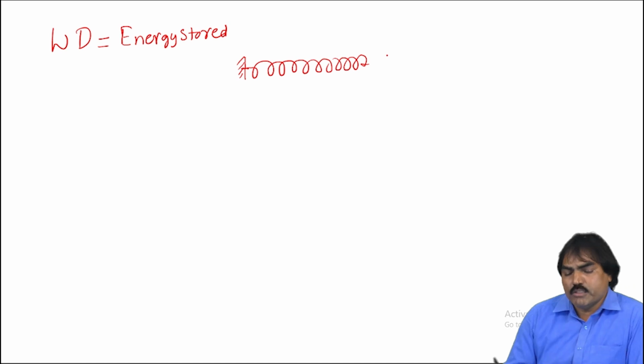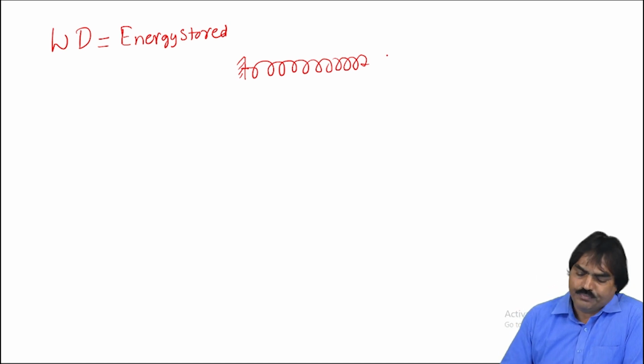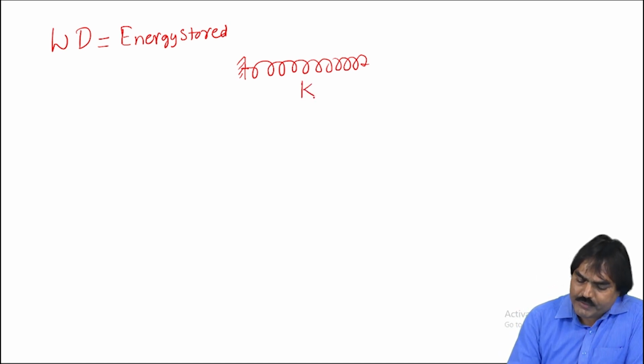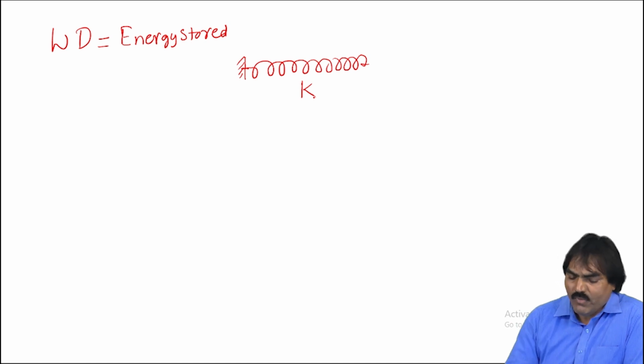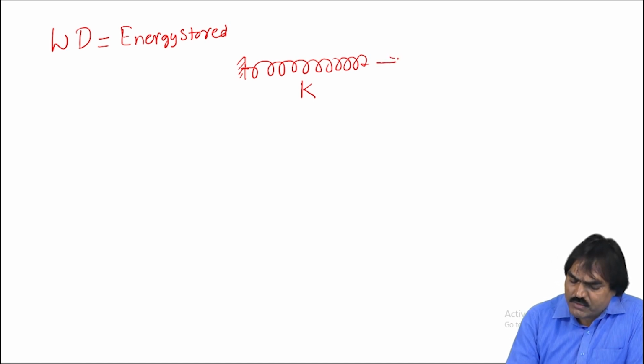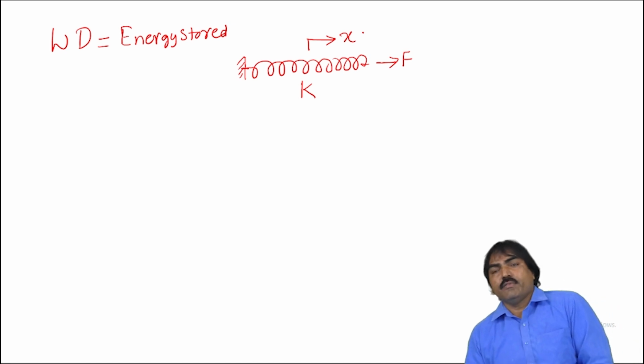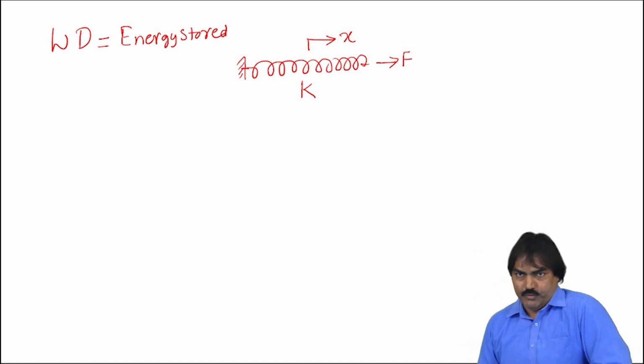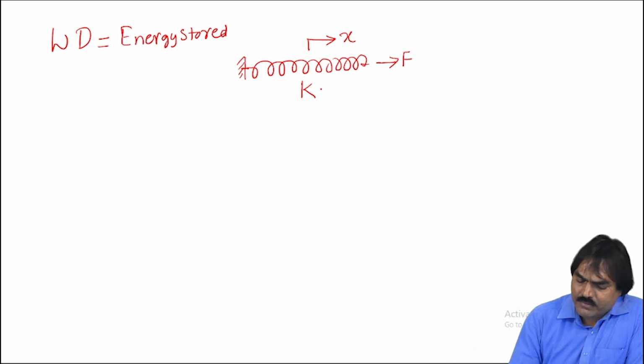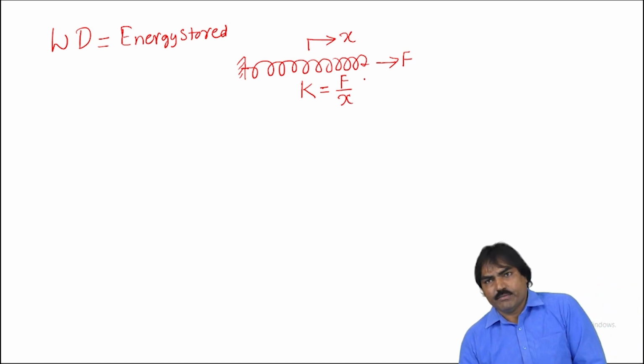We know that the spring is an elastic member which will have some stiffness K. When this is subjected to a force along the axis, this spring will have a displacement x in the direction of the applied force. Then we define the stiffness as the ratio of the force to the displacement, F by x.